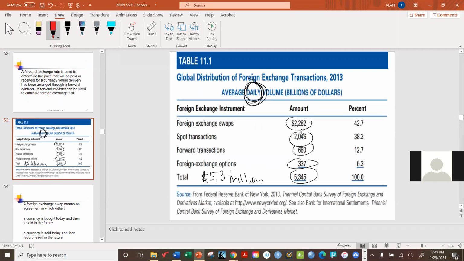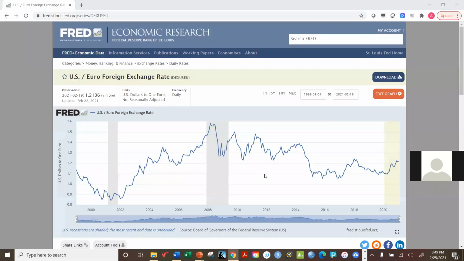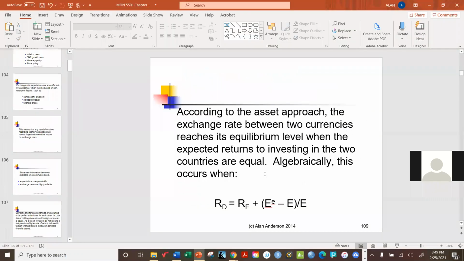What is going on with the rest of it? It may very well be that investors are simply switching from one currency to another in their quest to find the highest possible rates of return. Okay, and that may be all there is to it. But that's an awful lot of money, isn't it? I mean, really, $5.3 trillion every single day. All right. Anyway, let's get back to this.